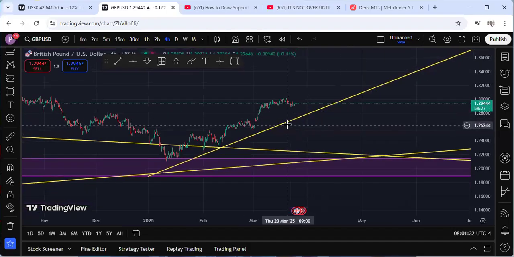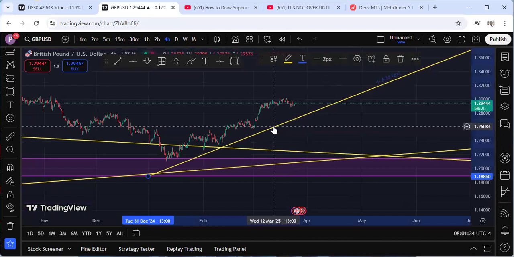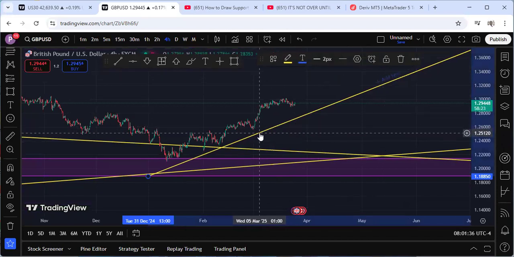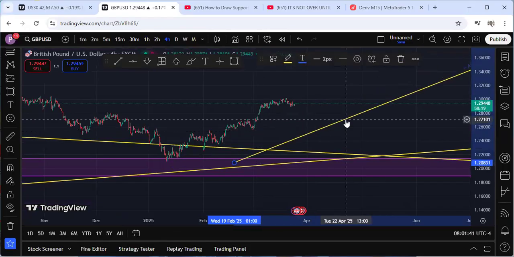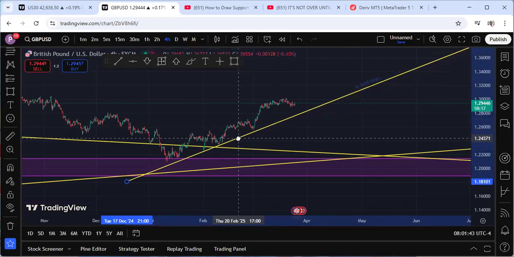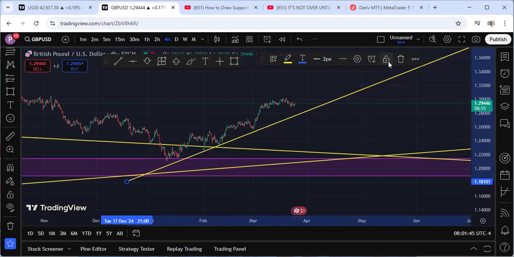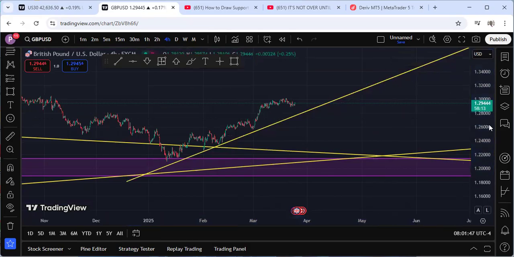Now, the best time to buy this market is when it pushes down to this trend line. Remember our breakout and retest strategy we use.